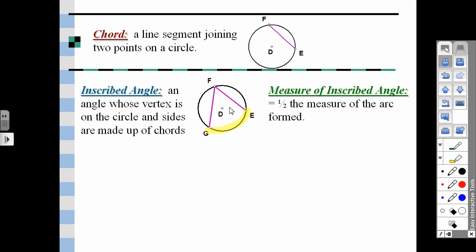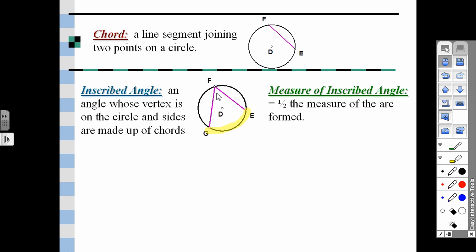And this angle is going to be half of this arc. Okay? So half of whatever this arc is going to be angle F. So if arc GE had a measure of, say, 50 degrees, then angle F is going to be half of that, which is 25.